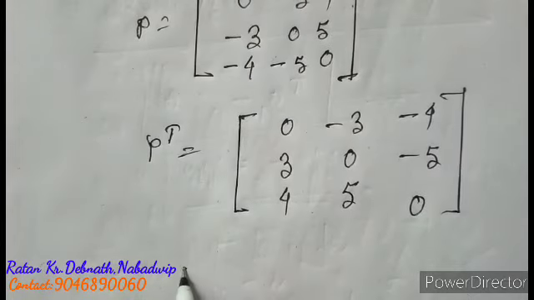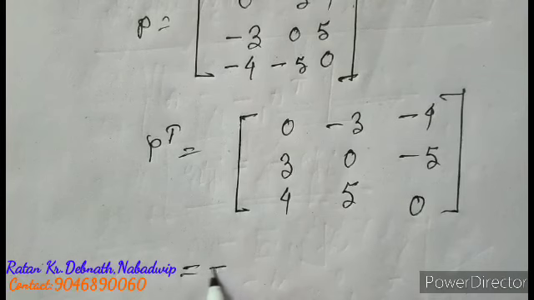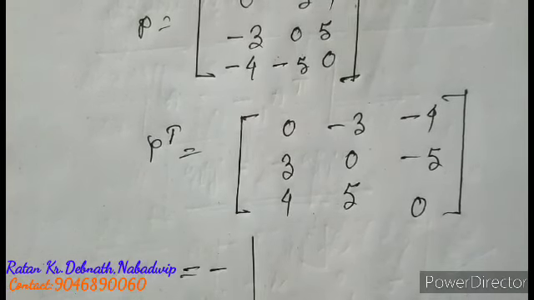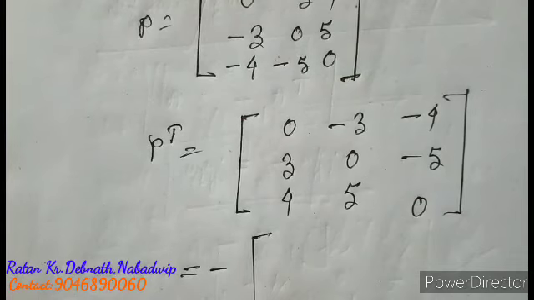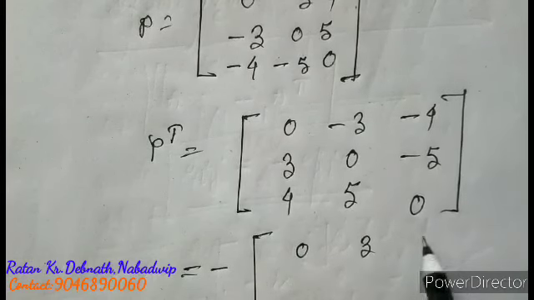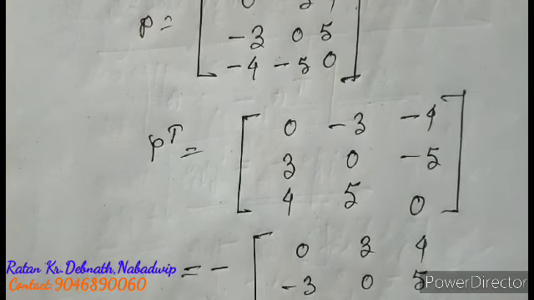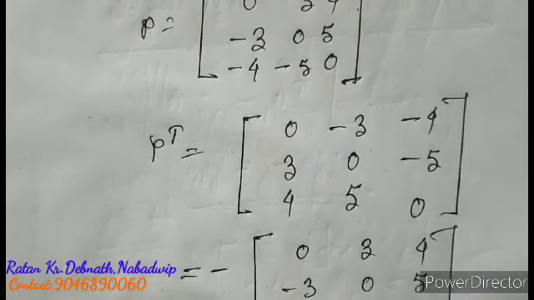Now if we multiply the matrix by negative sign, we have to put another negative sign in order to balance it up.